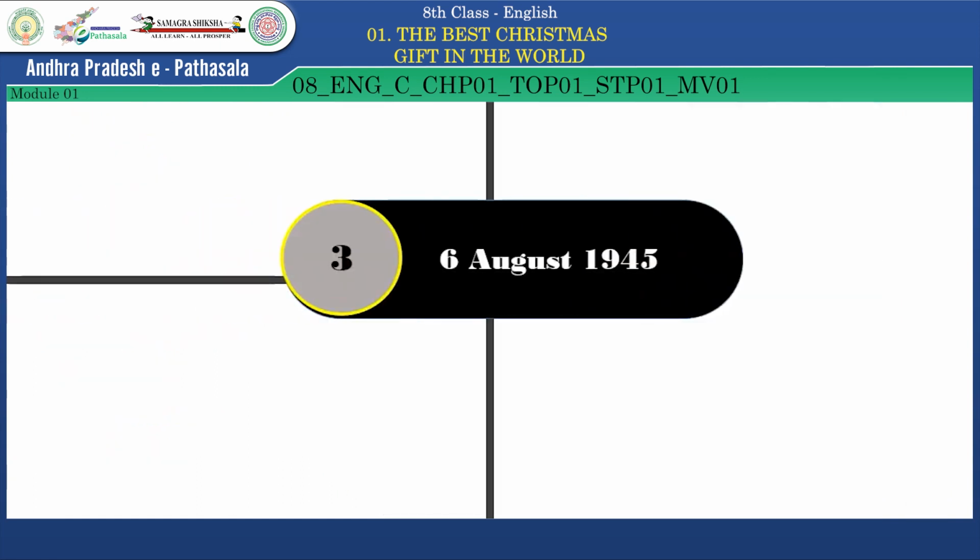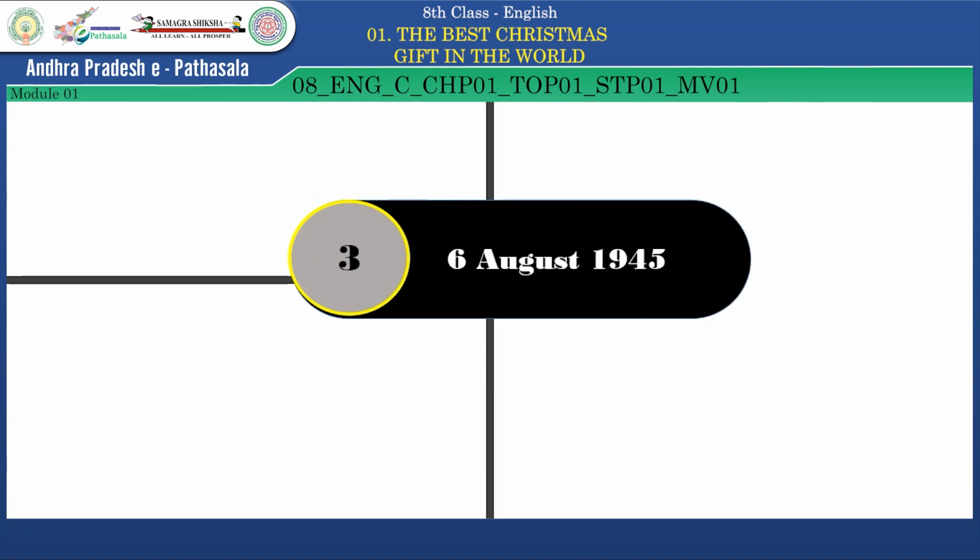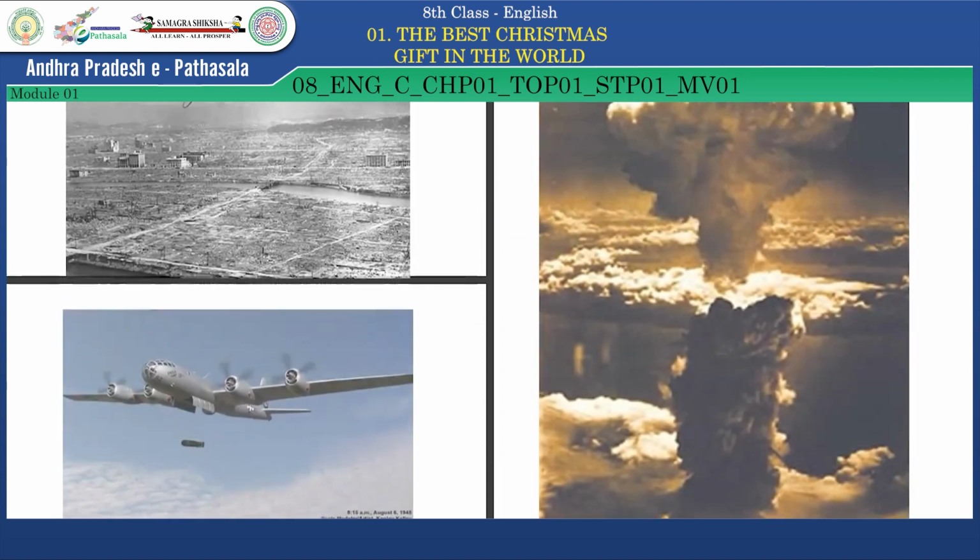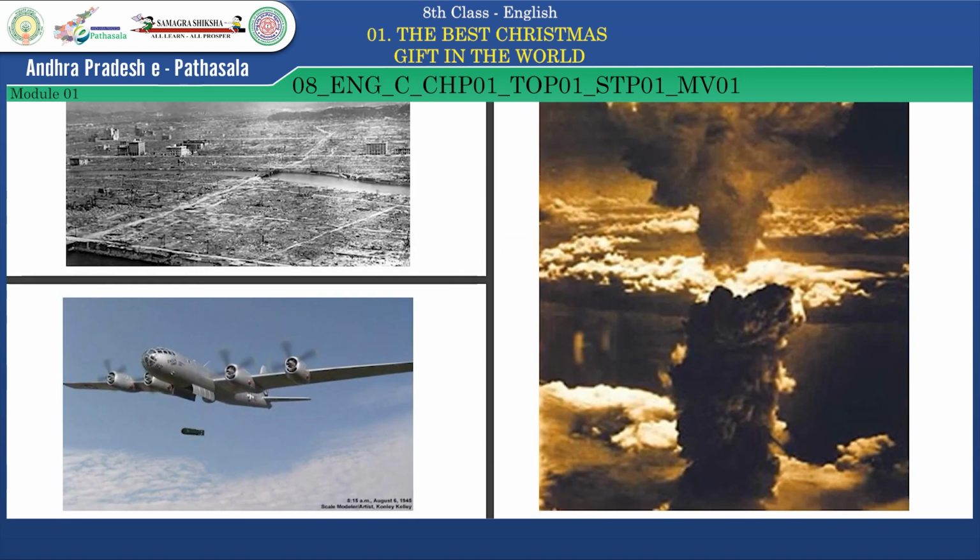Look at this date, 6th August 1945. Do you know what happened on this date? This is the most sorrowful day in the history of the world. An atom bomb was dropped on Hiroshima in Japan.